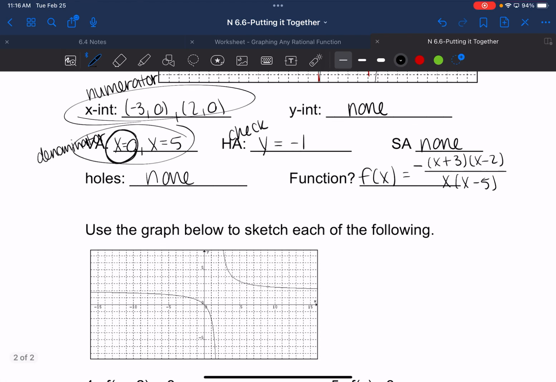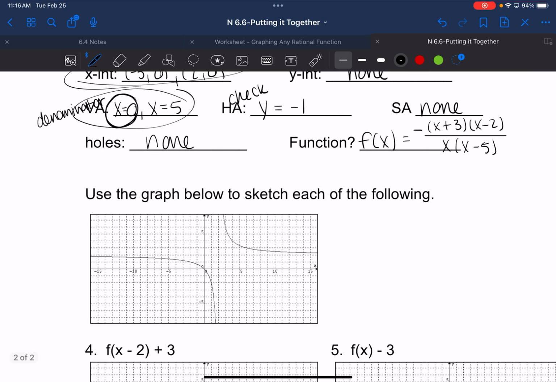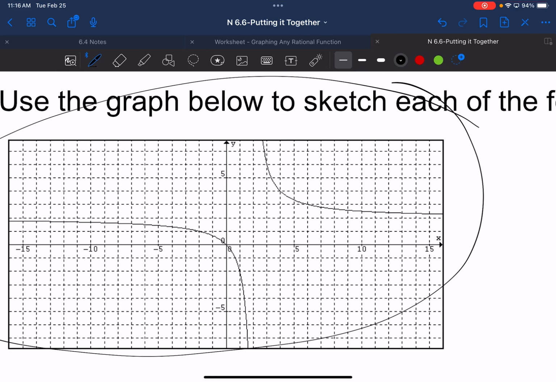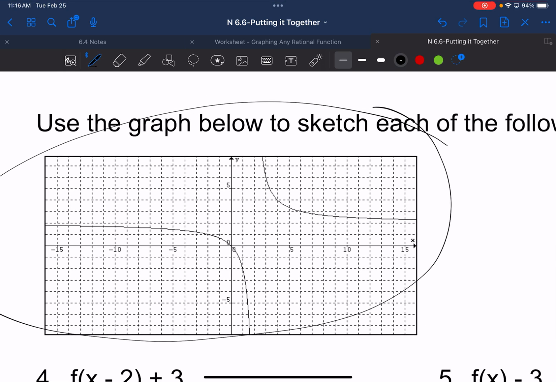Okay. All right, on this last section, guys, it says we're going to use this as kind of like our basis. This is going to be our graph, and then we're going to make the following changes. Okay, well, let's take a closer look at this graph. Where do you guys think that this graph might have some asymptotes? Okay, a vertical one at 2, and also a horizontal one at 2.